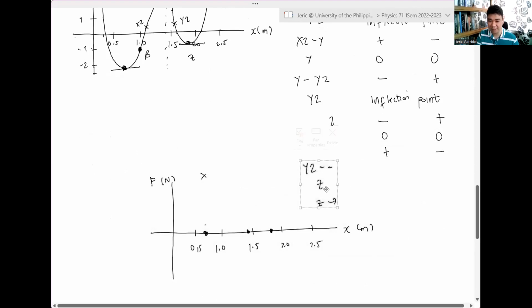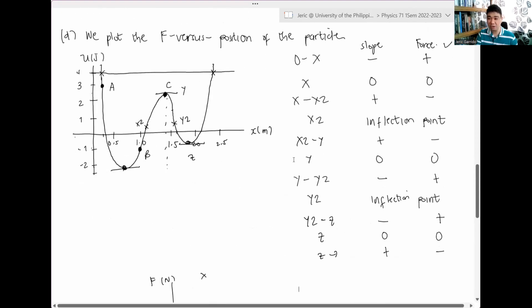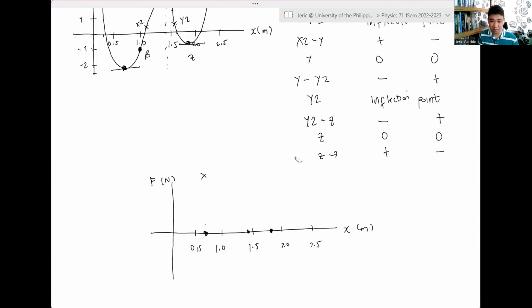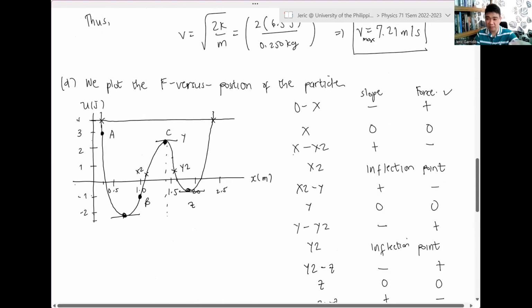Okay, so ilipat ko ulit ito. Tapos iangat ko to. Sorry for that. Okay, sige. Now, isa-isahin natin. Again, 0 to X, negative slope, positive force. So you start with the positive papuntang 0. Tapos, X to X2, you have a negative force.